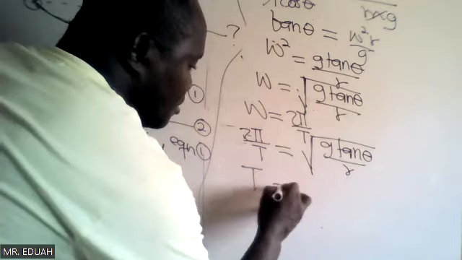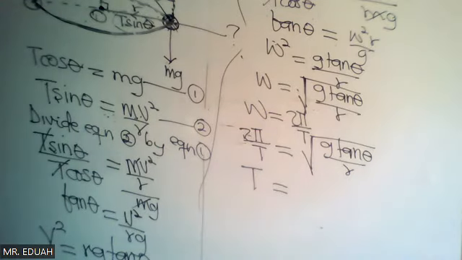T would be equal to... all of you, please work it out. Let's make T the subject of the relation.